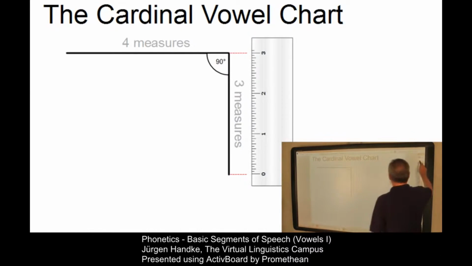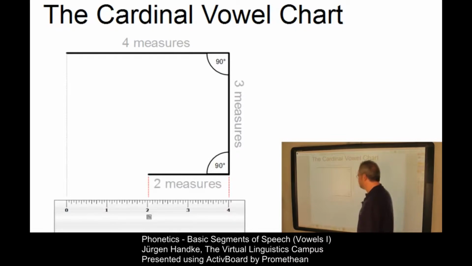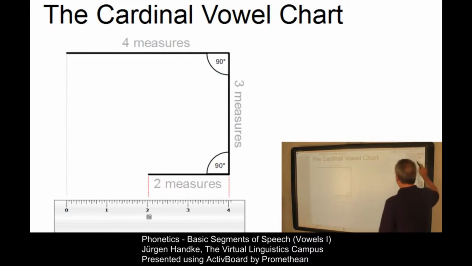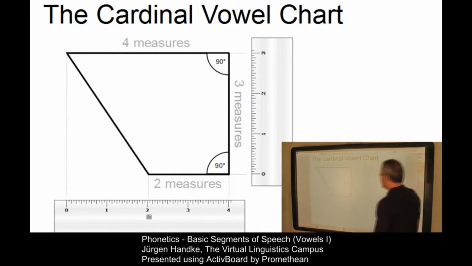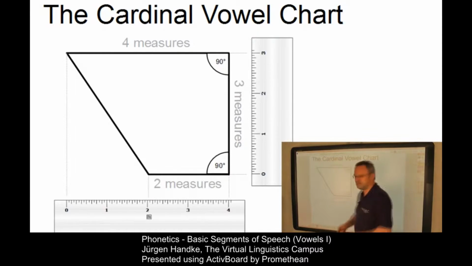The bottom line is half as long as the top line, and again we have an angle of 90 degrees between the vertical right-hand line and the bottom line. And finally we link the free ends of the two horizontal lines so that we get the basic dimensions of the cardinal vowel chart.